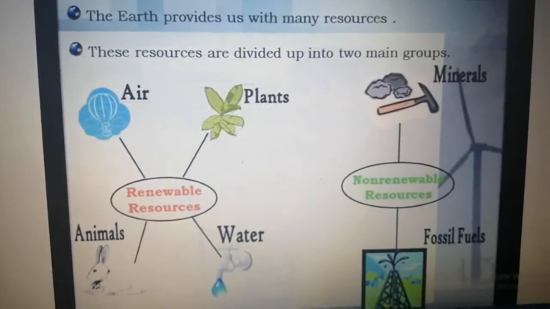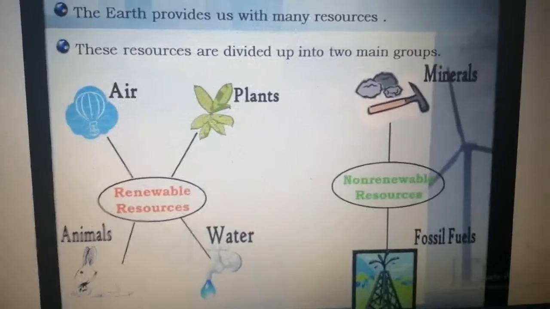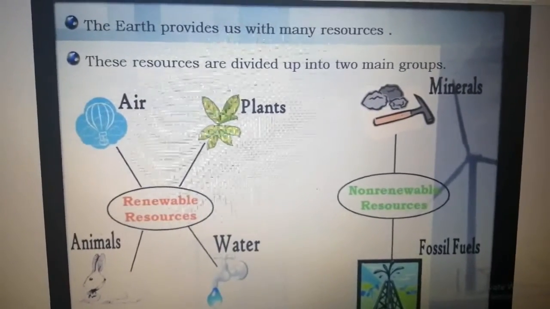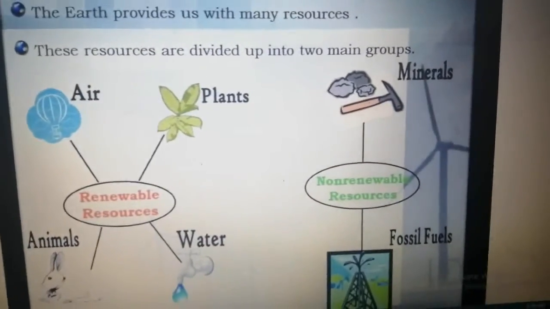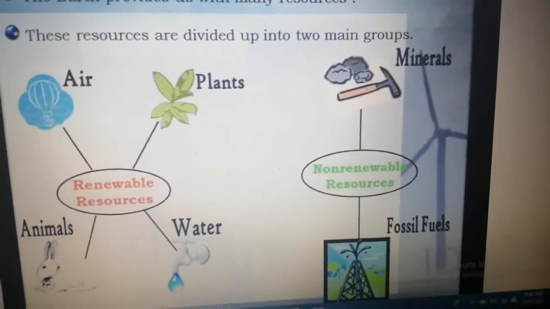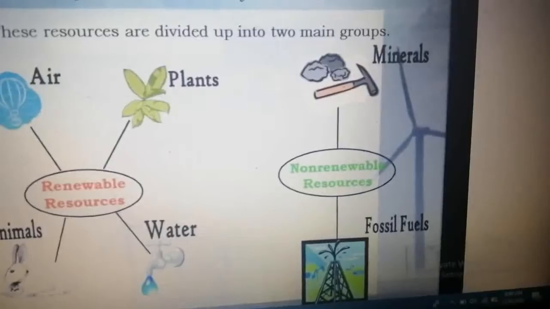So now over here, you already know the meaning of what air is, plants, animals, and water, right? But you might not know the meaning of minerals and fossil fuels. So I'll give you examples so that you know exactly what minerals and fossil fuels are.